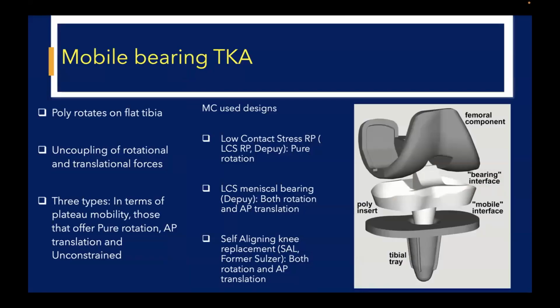In mobile bearing total knee arthroplasty, the poly rotates on the flat tibia. The proponents of mobile bearing total knee arthroplasty claim that because of the uncoupling of the rotation and translation forces, and because of reduced contact forces, the wear is reduced. There are three types in terms of plateau mobility: those that offer pure rotation, those that offer AP translation, and the unconstrained design.